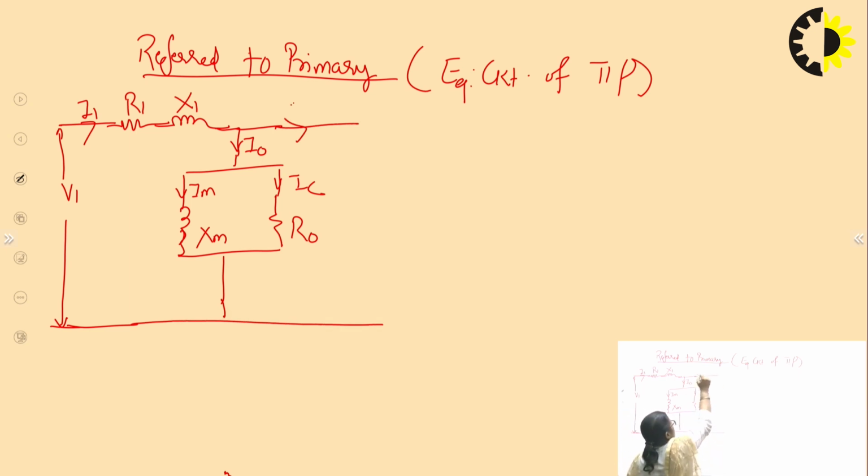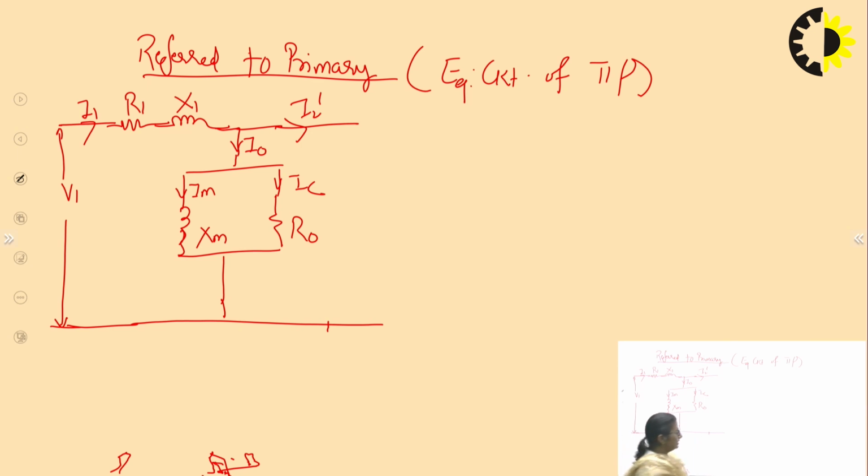Now this is I2 dash. The mutual coupling is removed; there is no isolation between primary and secondary circuit. The secondary is submerged in the primary circuit, but with the referred value so that its significance is not lost. That means the losses the secondary resistance made on the secondary side, the same effect it produces when referred to the primary side.